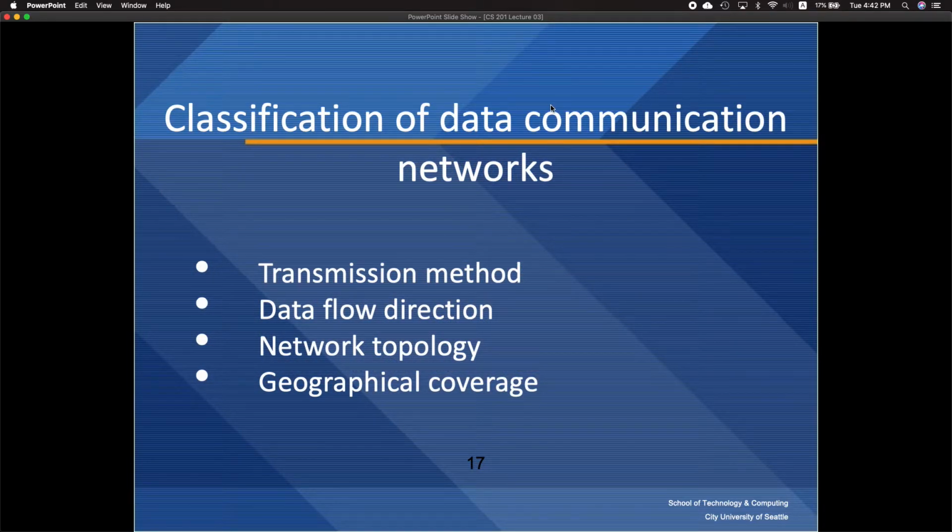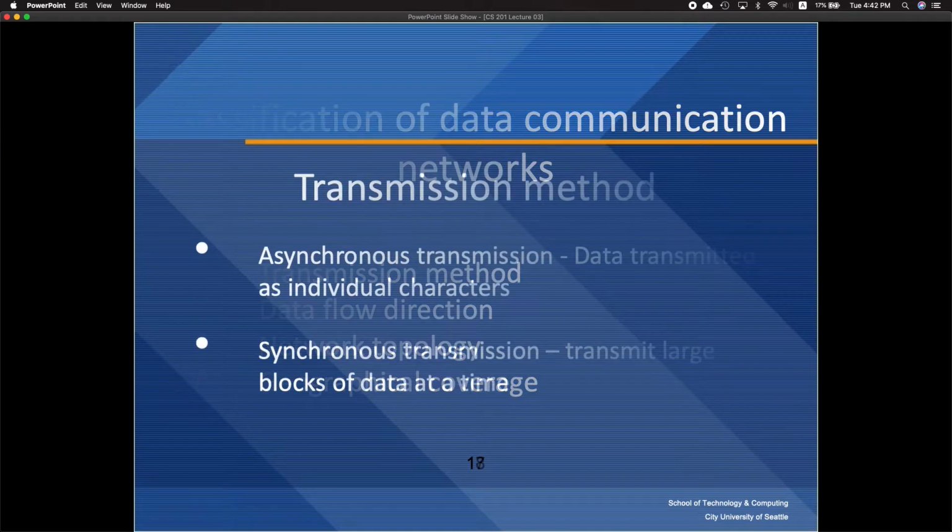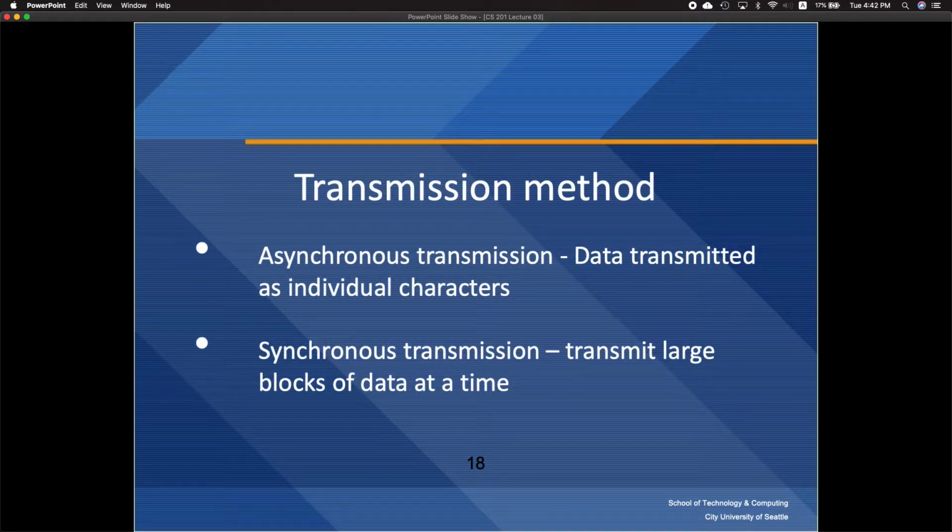So we do have different data communication networks. We have transmission method, data flow direction, network topology, geographical coverage, right? We do have asynchronous transmission, and we have synchronous transmission. When we say synchronous, it goes step by step, right?